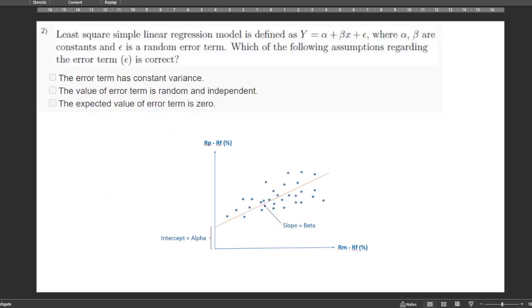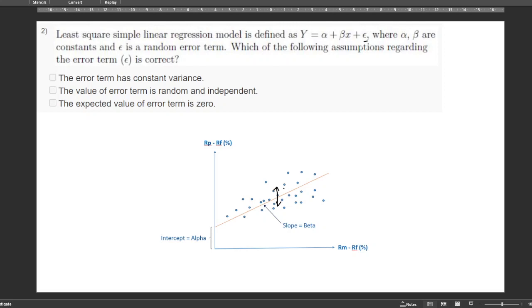Let's go to the second question. They have asked about the least square simple linear regression model. In the model, which of the following assumptions regarding the error term epsilon is correct? The error term means how much it is deviating from the regression line.